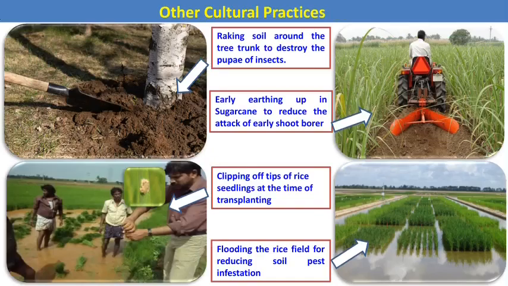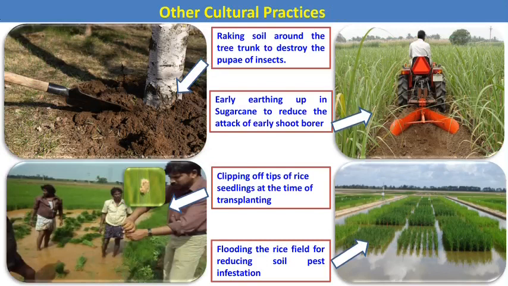Then these are some other cultural practices, like raking of soil. This helps to kill the pupae present around the tree trunk. And then the earthing up technique, which is mostly followed in sugarcane to reduce early shoot borer infestation. Clipping of the tips of rice seedlings at the time of transplanting destroys the egg masses of the yellow stem borer.